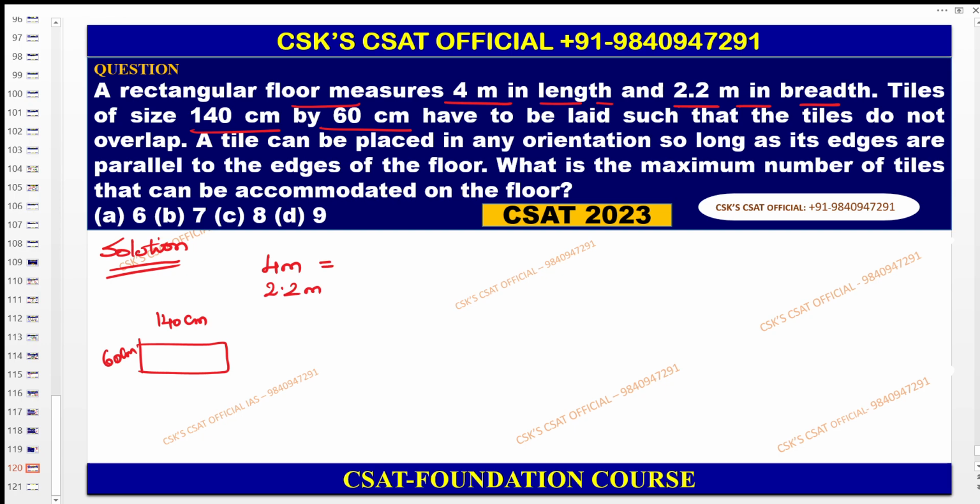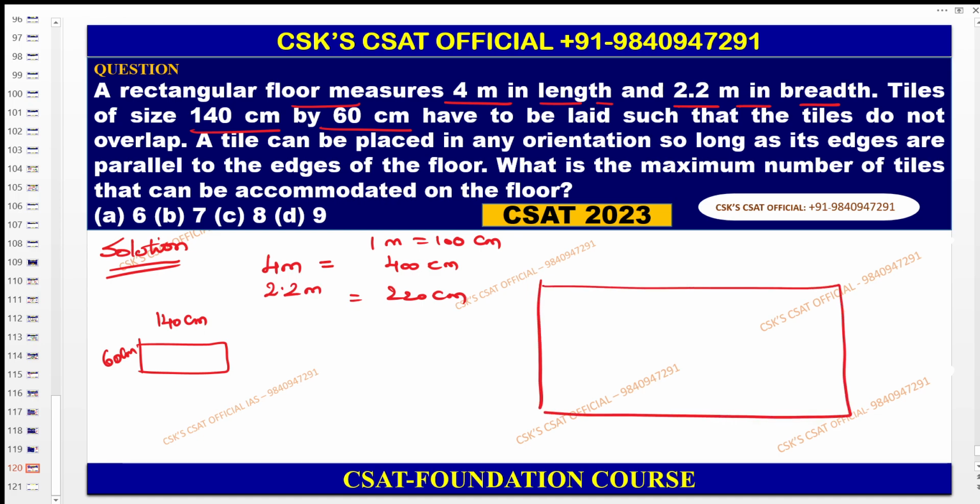Now you know 1 meter is equal to 100 centimeter. With this we convert 4 meters to 400 centimeter, and 2.2 meters to 220 centimeter. Now you can draw a rectangle here. This is 400, this is 220.